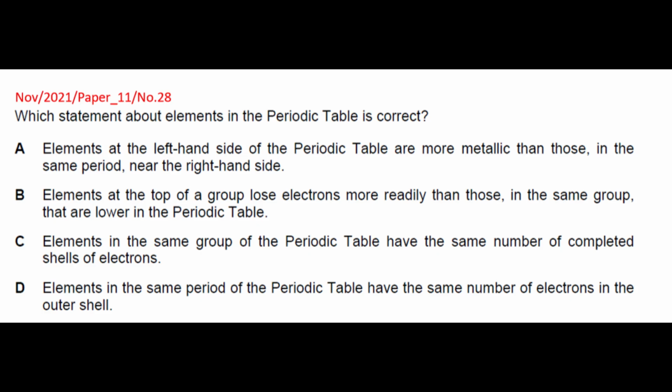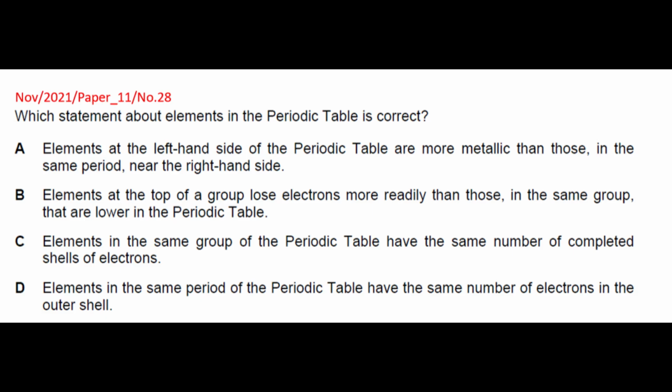Charlie says elements in the same group of the periodic table have the same number of completed shells of electrons. That is not a correct option, because the ones at the top have a completed shell of a duplet, and the remaining, which are bigger atoms with bigger shells, complete the outermost shell with an octet. So that is not a correct option.